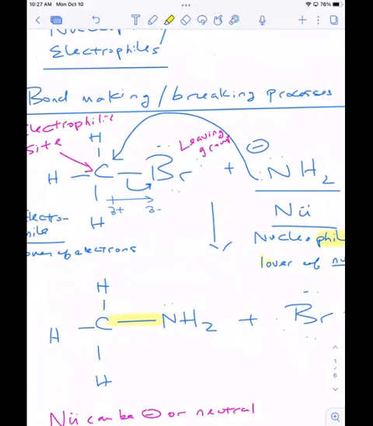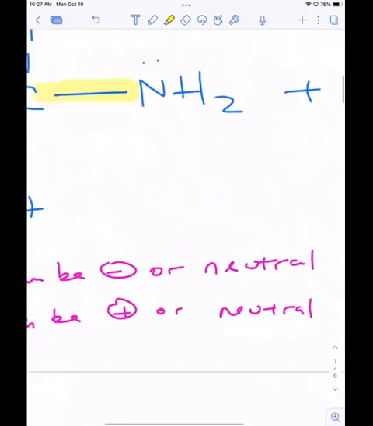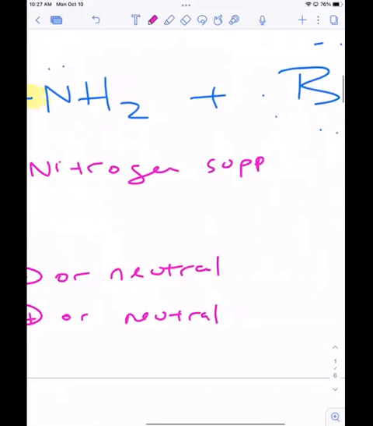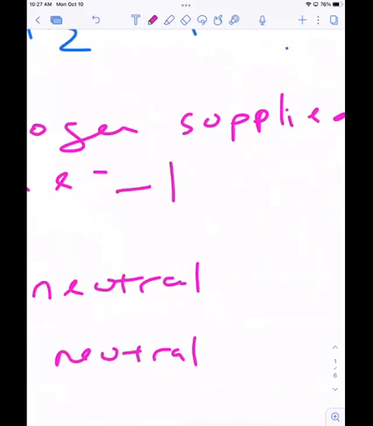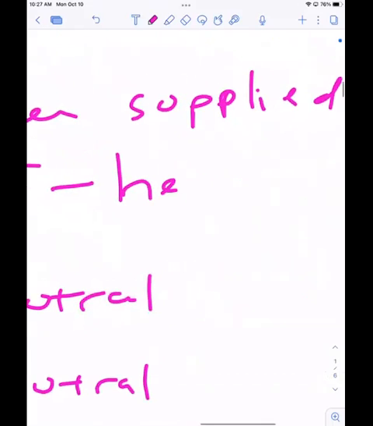I took a lone pair of nitrogen and I used it to attack carbon. So in that bond making, nitrogen gave both electrons. This type of bond making process is what we call heterogenic.